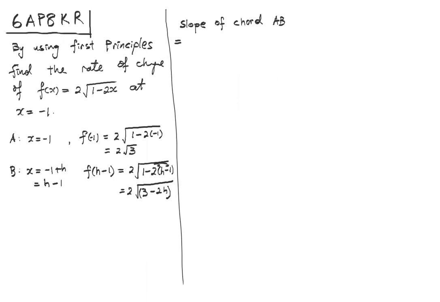I will talk to myself. Okay, so now I don't have to write down y1 minus y2. I can just straight away substitute. Take away 2 square root of 3 over, I know bottom is definitely h.